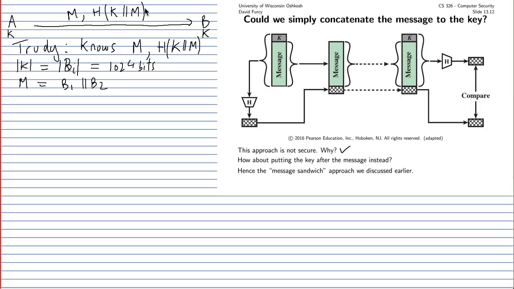Well, first let's just look at what happens when we hash this message M. So, what is H of M without the key? Well, this is whatever you get by hashing two blocks, B1 and B2.